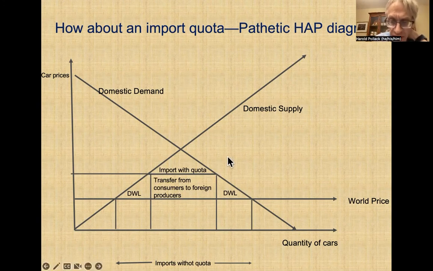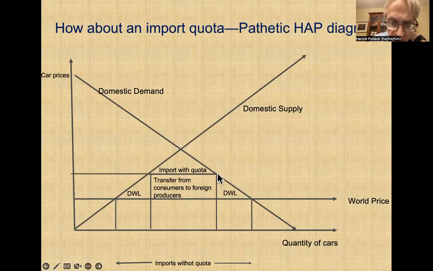So now what's going to happen on this diagram? Again, if we had completely unfettered trade, we would be here at the world price, and consumers would be benefiting a lot. Producers would have taken a hit. What will happen with the quota is there's a price at which the domestic supply plus the imported supply with the quota exactly matches the demand. The way that you find this price is you say, okay, here's the amount they're allowed to import, 50,000 cars.